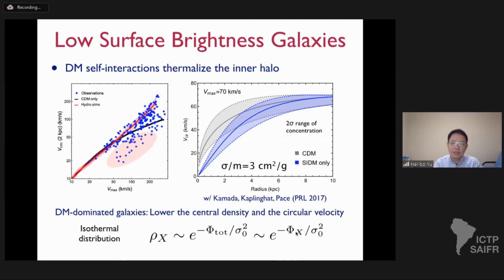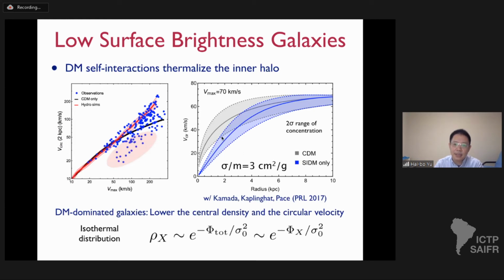And from the simulation result I just showed you, without baryons, self-interactions will produce a density core, right? So as shown here, the gray curve is from CDM predictions for Vmax about 70 kilometers per second, and the blue band is from SIDM prediction.